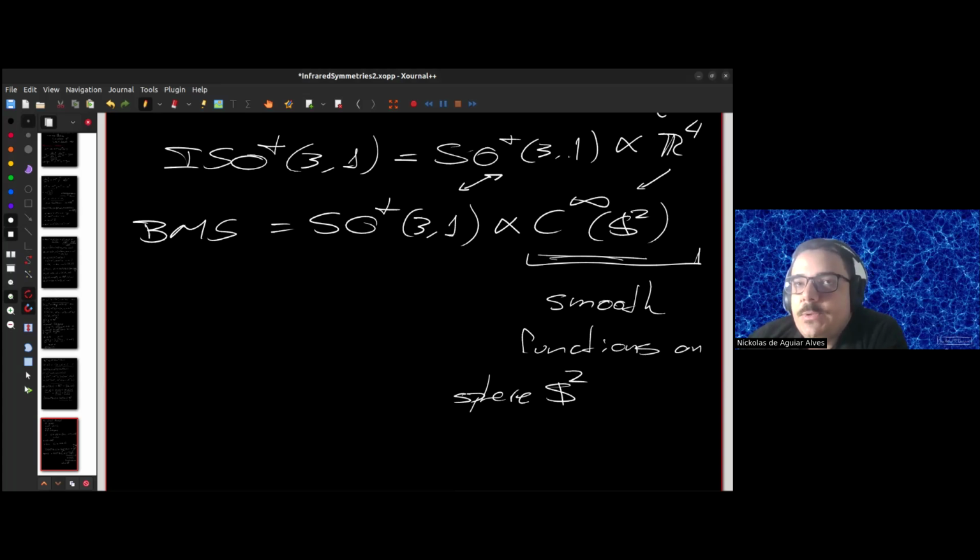A question: do you always need a bigger group to generalize symmetries? If you're going to get more symmetries, you're going to need a bigger group. If you take a smaller group, then you're considering fewer symmetries. So, for example, if you consider only the translations, this is a smaller group than the Poincaré group, and now you have fewer symmetries because instead of having a 10-dimensional space of transformations, you now only have a 4-dimensional space. If you want a larger space, you need to add more dimensions.